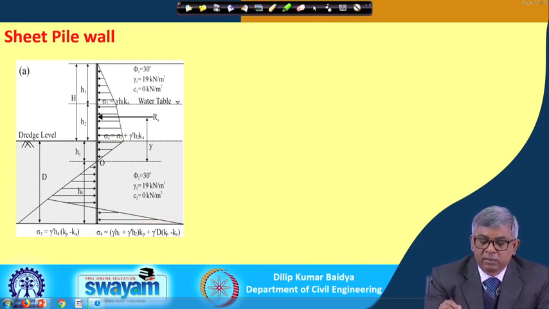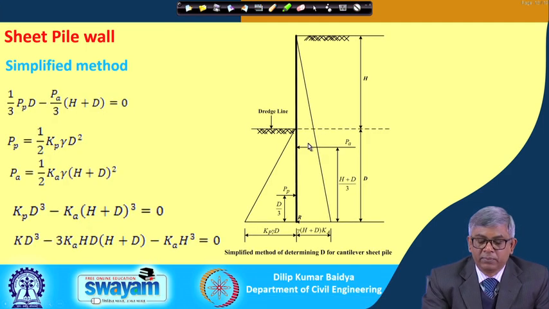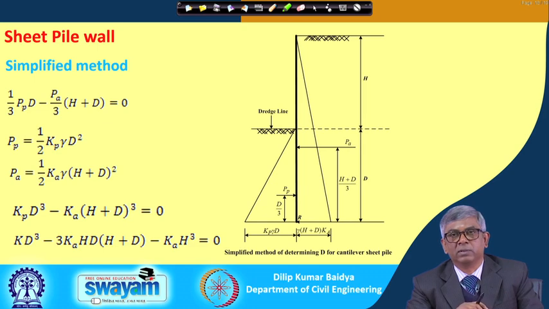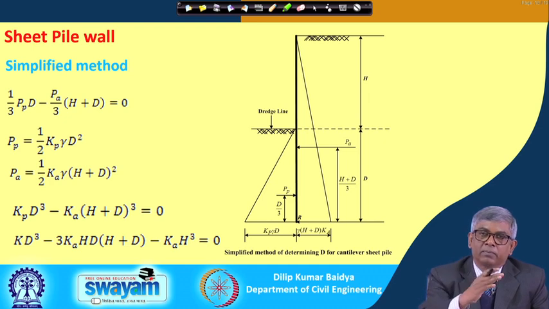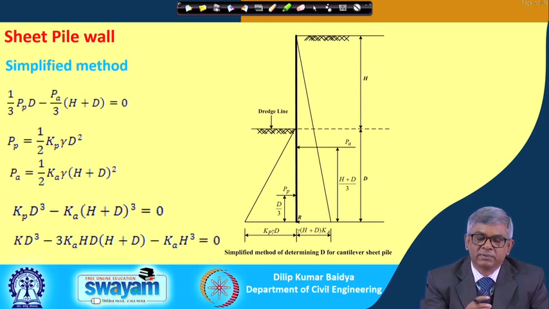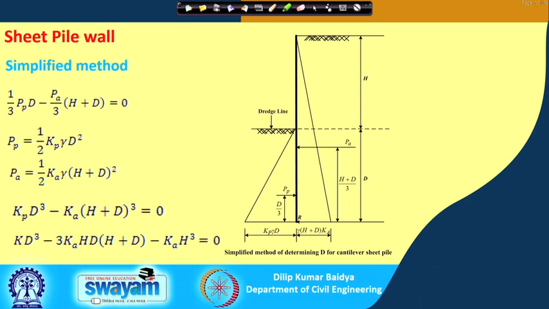Now, next slide. What I have done is an approximate, rigorous analysis based on the bending of the retaining wall, where it is becoming active and where it is becoming passive. Accordingly, I have changed the pressure diagram and taken the effect of all.